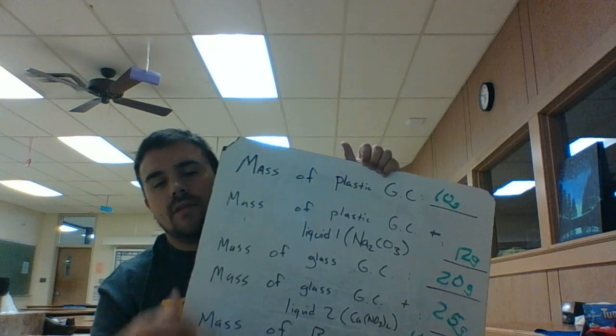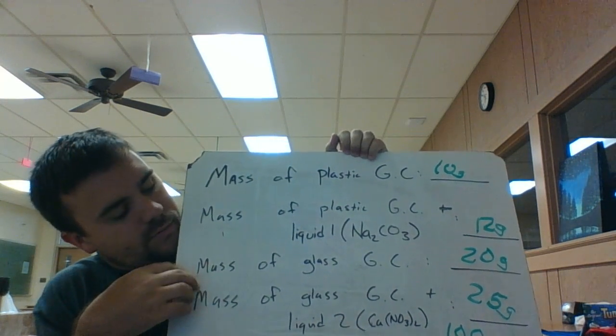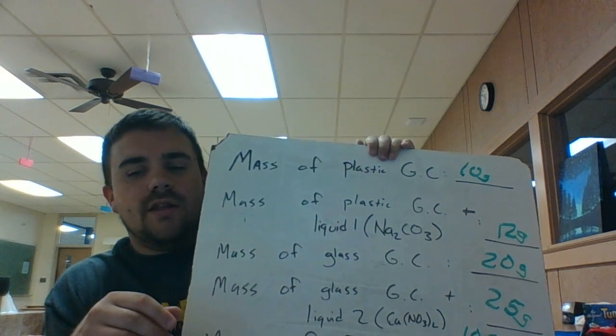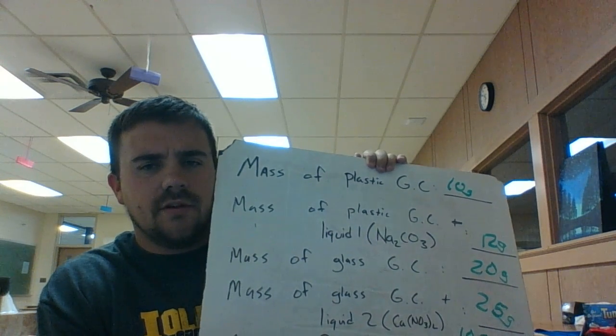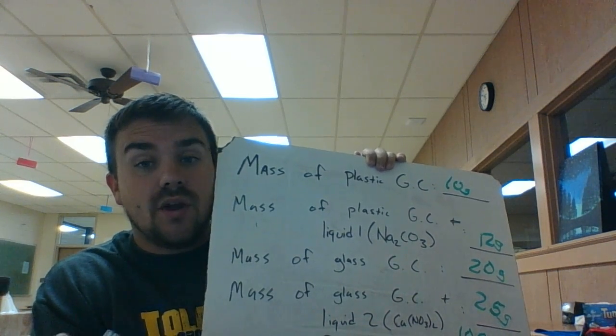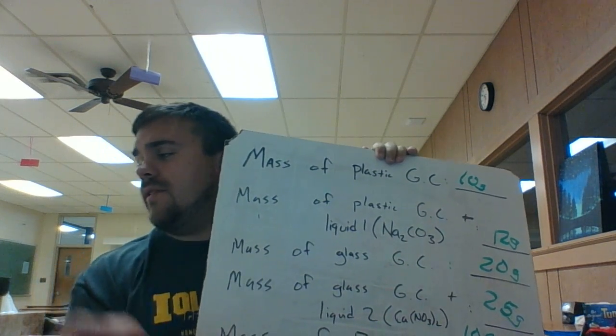Once you're back in class, we're going to start working on things that we started talking about yesterday. I've created this mock data table of the data that you should have somewhat created. We talked about this a little bit yesterday. Beforehand, we know the mass of several things.